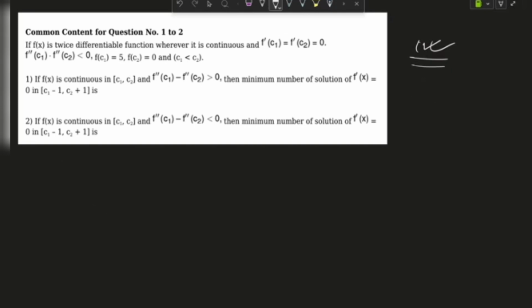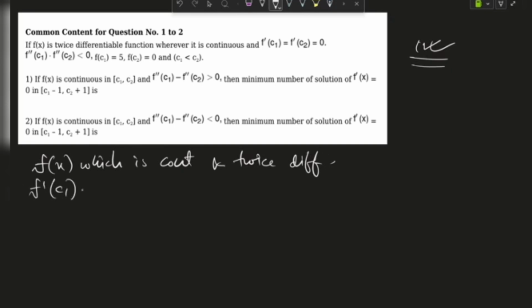So basically if we see in this particular comprehension, we have a function f of x, which is given to be continuous and also twice differentiable, and f dash of c1 is equal to f dash of c2, which is equal to 0.